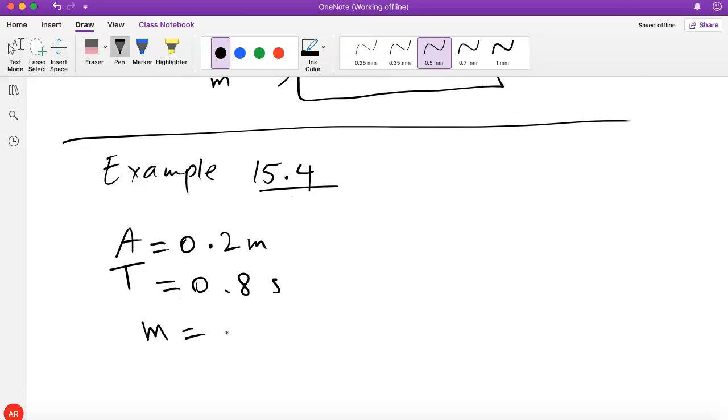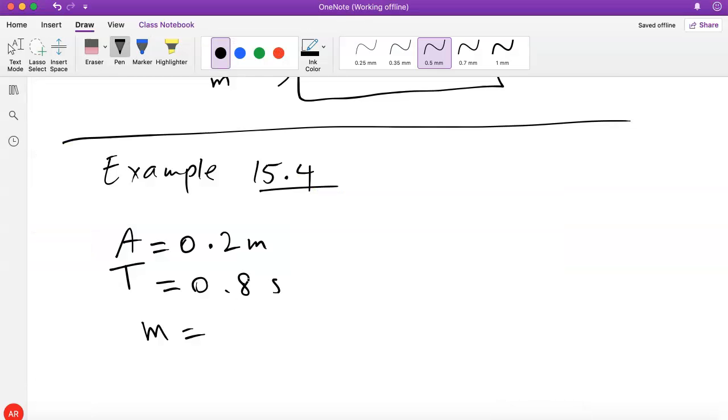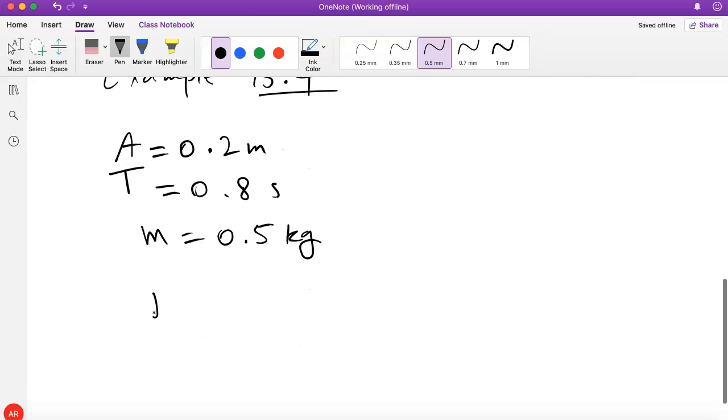And the mass is half a kilogram, 0.5 kg. Now, if the absolute value of v is equal to 1 meter per second, that's the speed, it can be going either left or right, so v can be plus or minus 1.